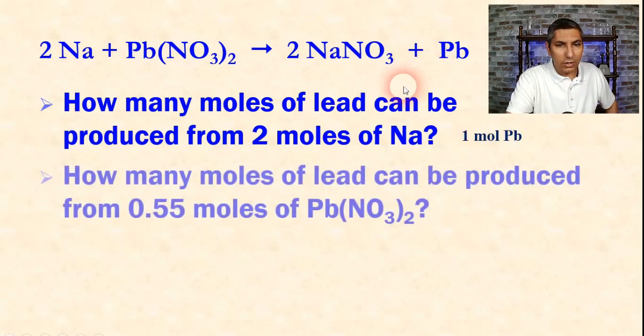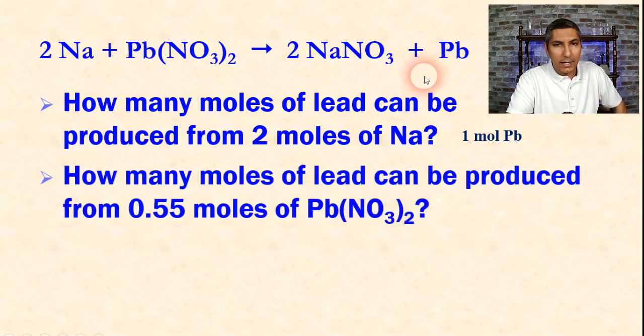How about this question? How many moles of lead can be produced from 0.55 moles of lead(II) nitrate? Well, let's think about this in terms of the mole ratio. The mole ratio of lead(II) nitrate to lead metal is 1 to 1. And we say that because their coefficients are the same. 1 right here and a 1 right there.